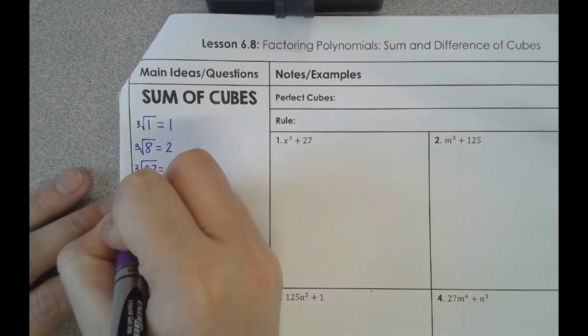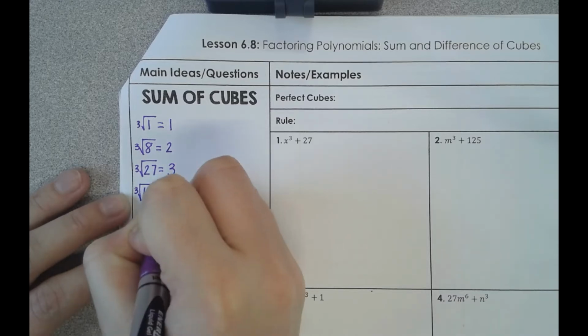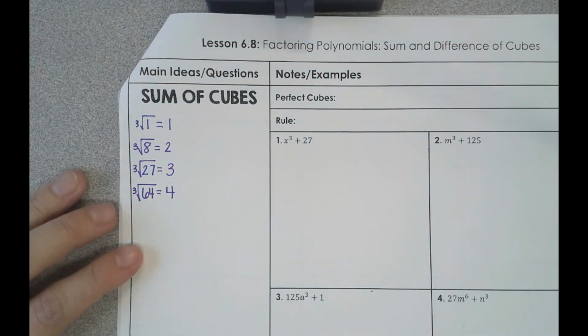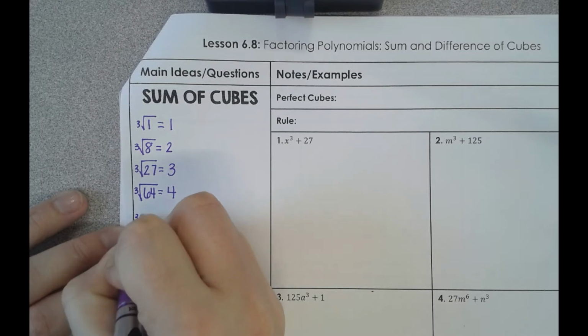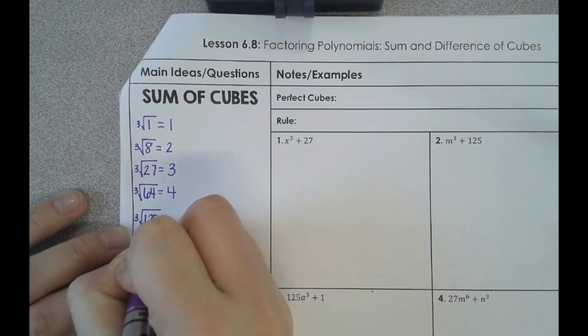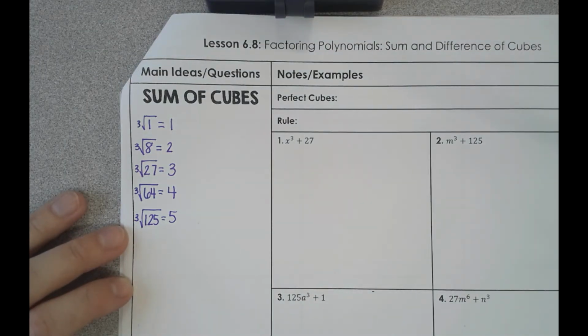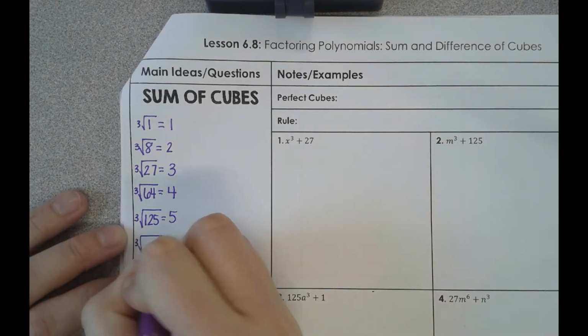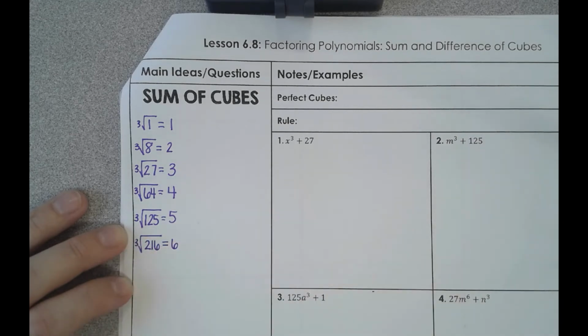Then we have the cubed root of 64 is 4. Cubed root of 125 is 5. Cubed root of 216 is 6.